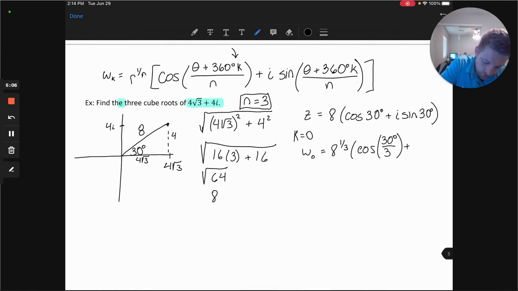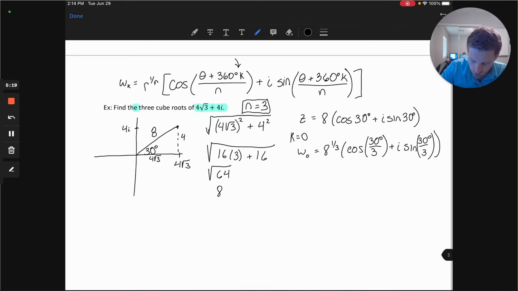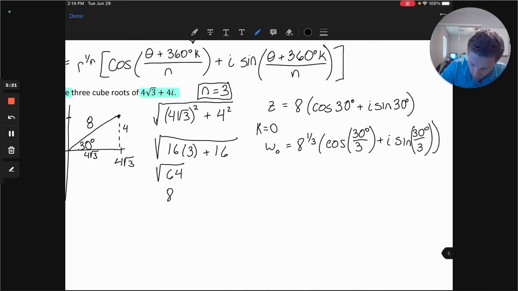And then we'll do plus i sine of 30 divided by 3. So just a little bit of simplification for w sub 0.